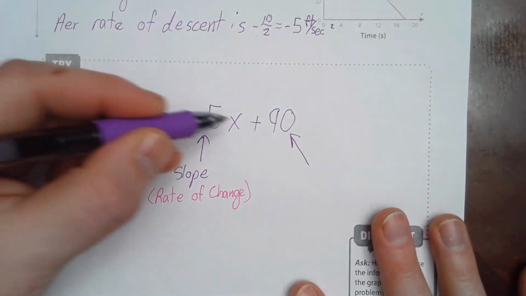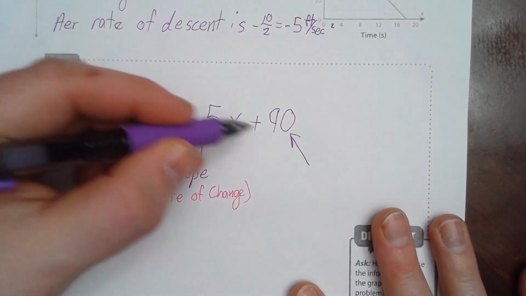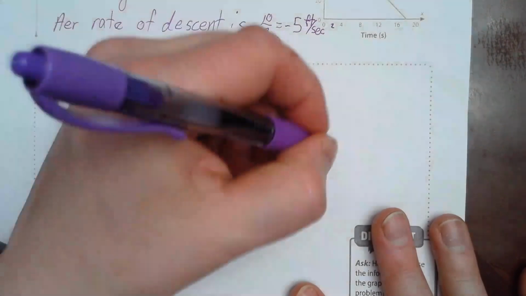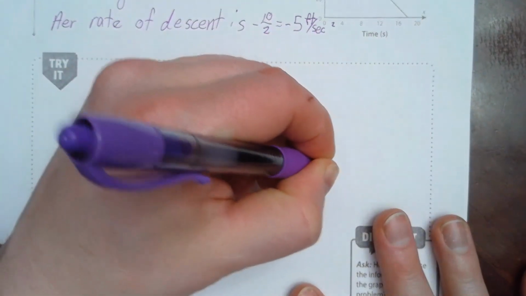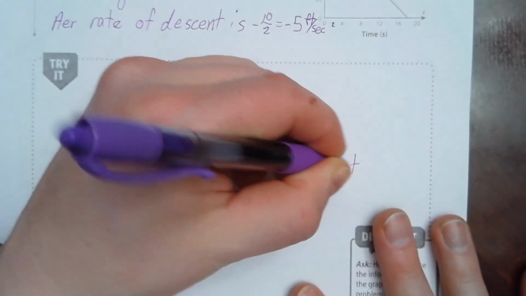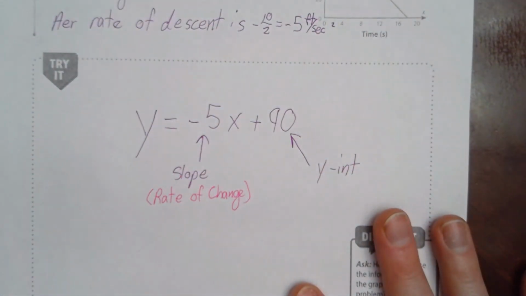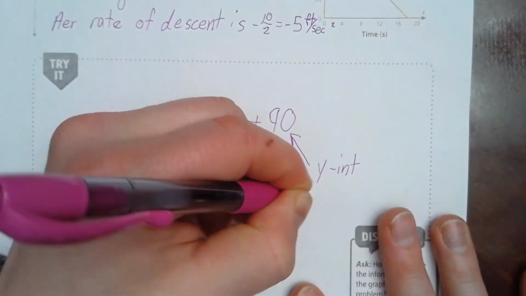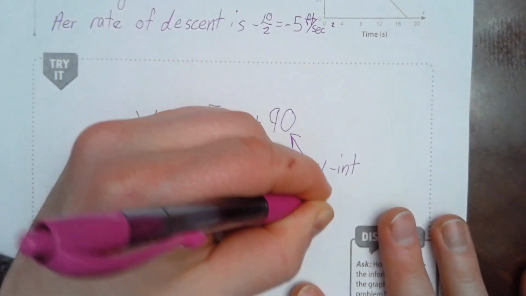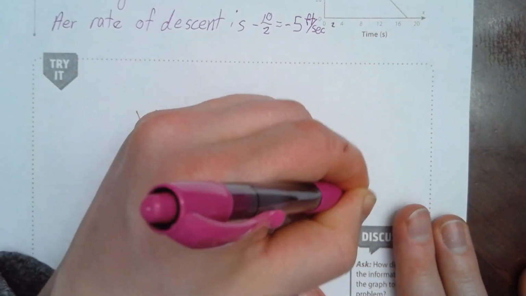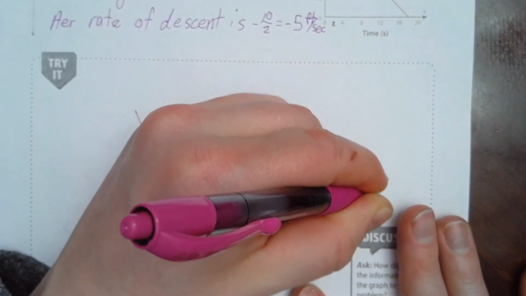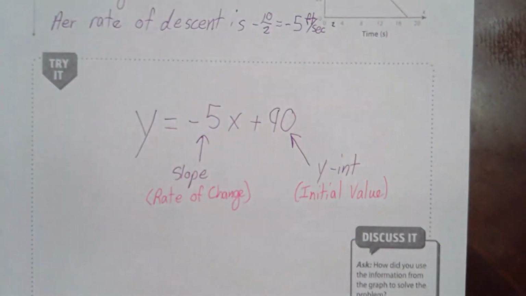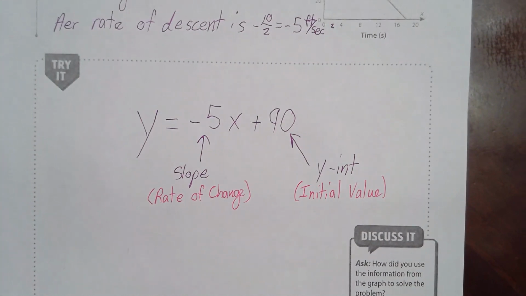We've got our slope, our variable, and then we've got this thing that we're still calling our y-intercept, but today we're going to start calling it as well the initial value. Because again, that's so much more apparent of what we're talking about. It's our starting value.